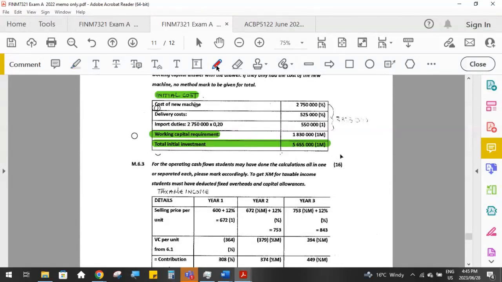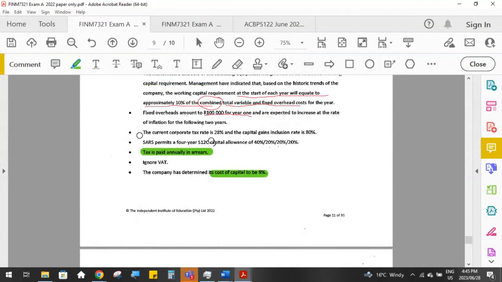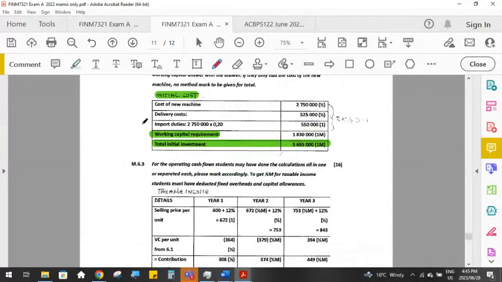But just remember that when it comes to working out the capital allowance for each year of the machine, that is only going to be worked out on the accounting asset value of the machine, which will not include the working capital requirement.